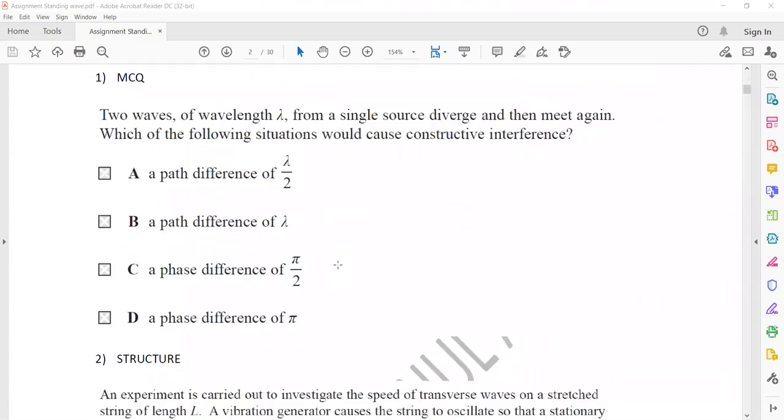In question 1, two waves of wavelength lambda from a single source diverge and then meet again. Which of the following situations would cause a constructive interference?